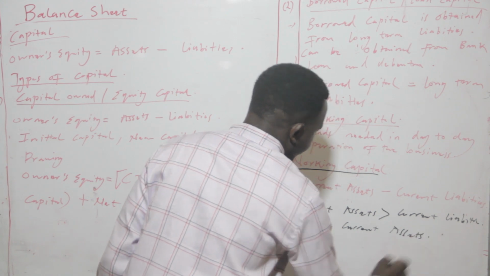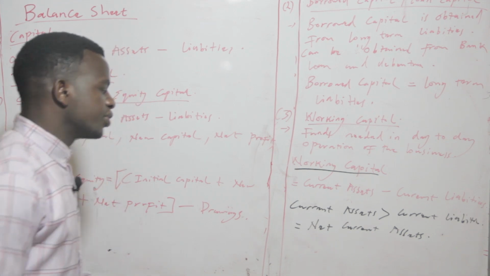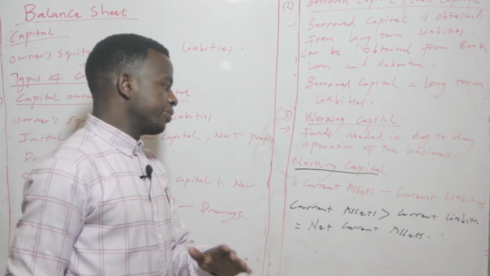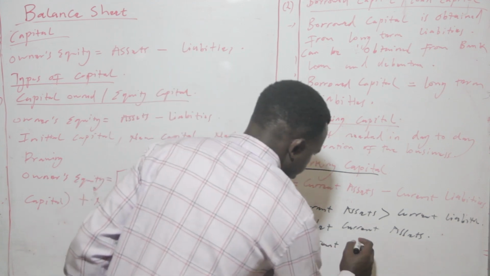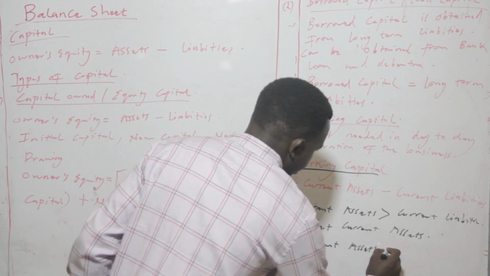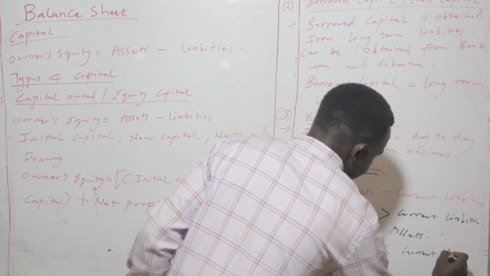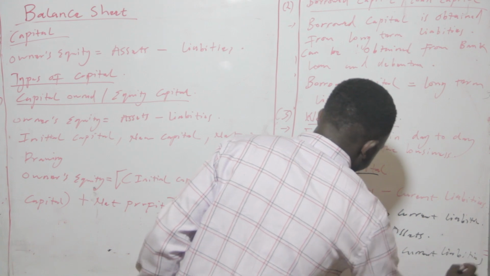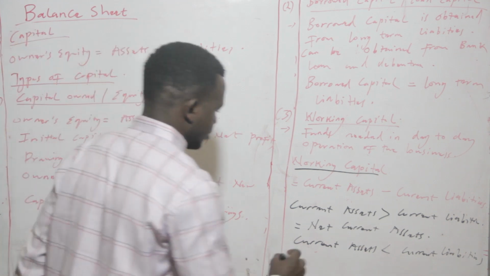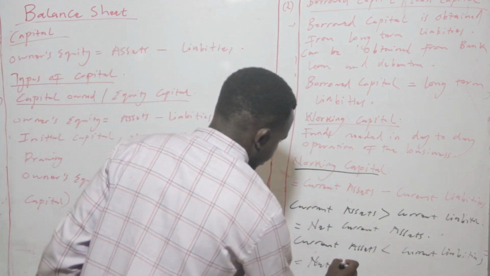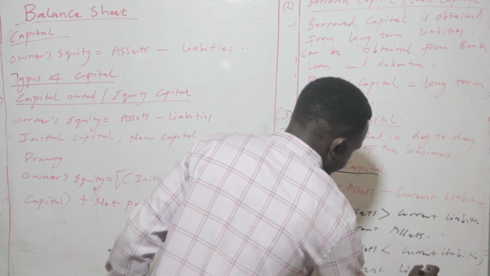But if this is the opposite, where the current assets are less than the current liabilities, that means that we're going to have net current liabilities.